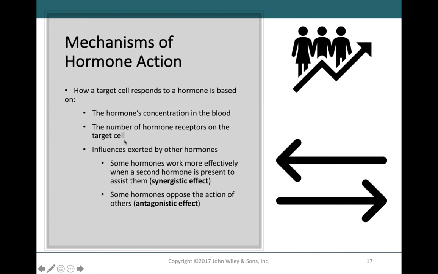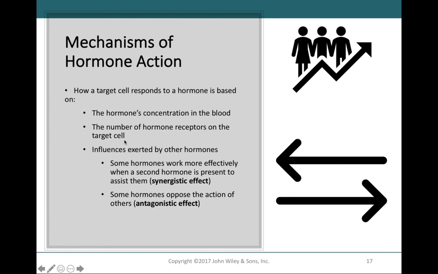The more receptors that we have on a particular target cell for a specific hormone will also increase the activity of that target cell. If we have lots and lots of receptors that are receiving hormones, we're going to have more G proteins that are active, more cyclic AMP that is produced, and therefore, in turn, we're going to be phosphorylating more proteins.